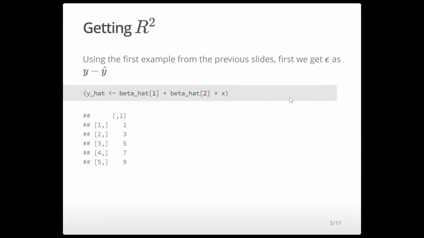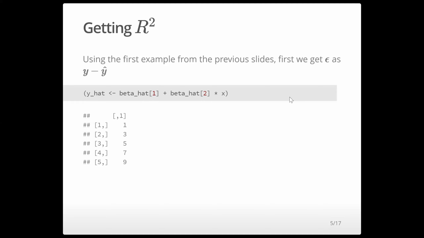So using the first example that we saw in the previous slides, where we had 5 observations, we can get epsilon, the vector of residuals, as the difference between our actual observed response variable and the response variable as estimated by the model.